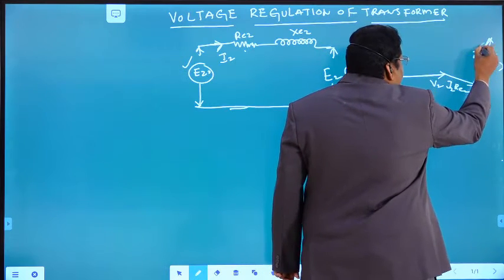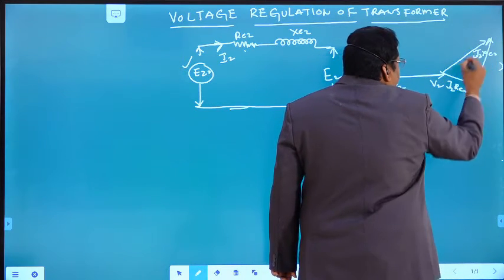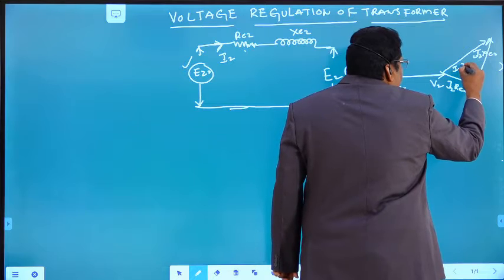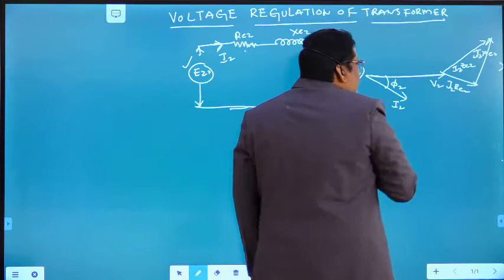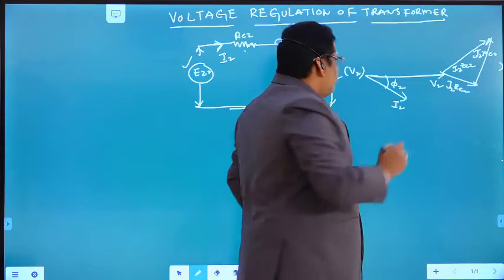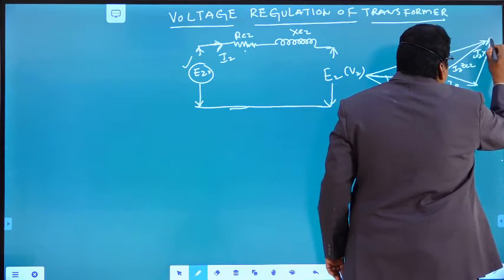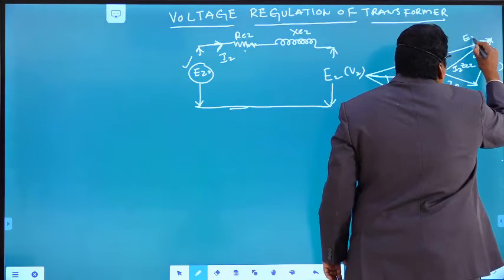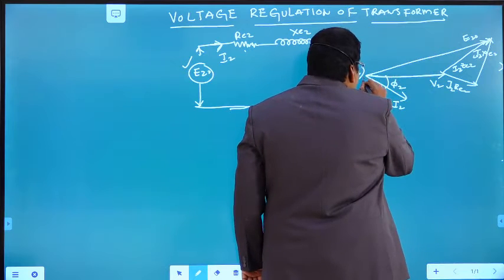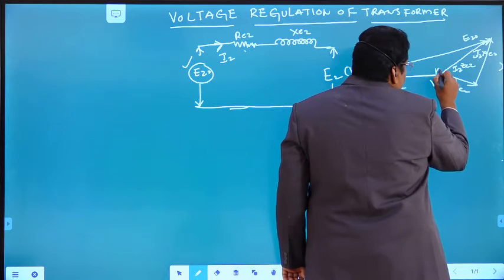If you find the phasor sum of these two, it is I2 ZE2. If you find the phasor sum of V2 and I2 ZE2, that represents E2 naught.